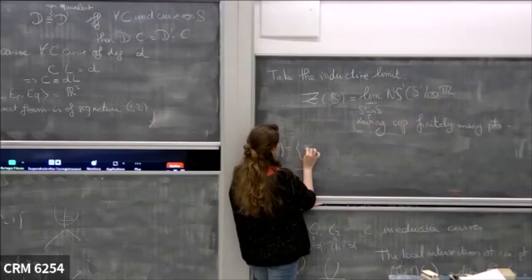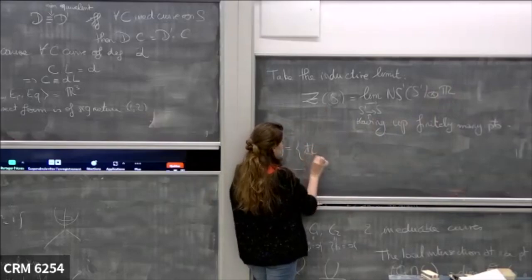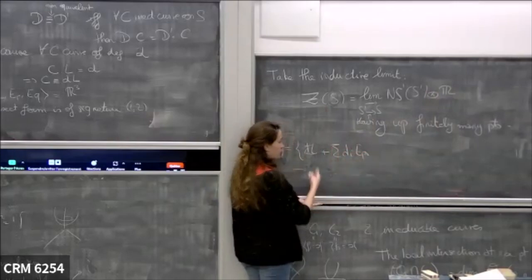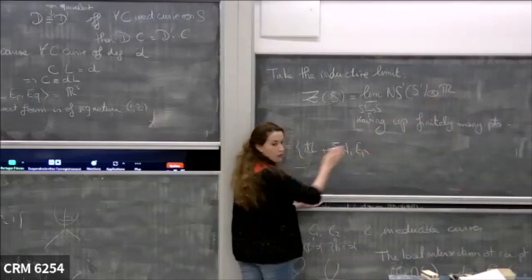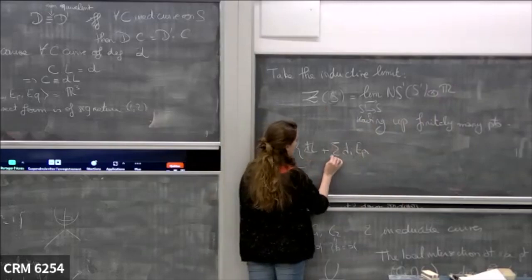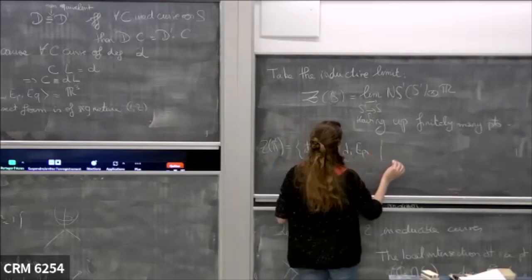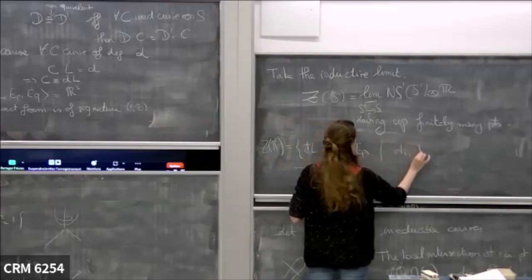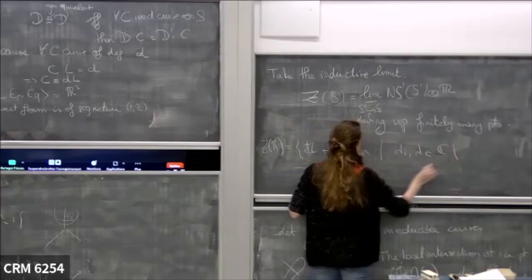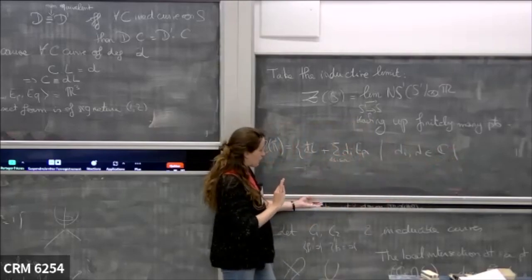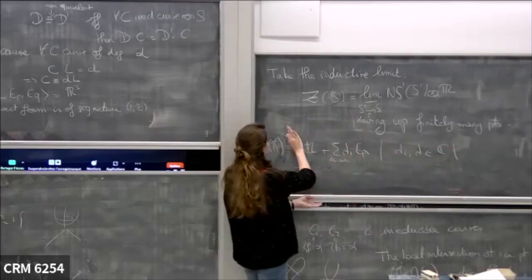It will be some coefficient in front of the class of the line, plus some coefficients in front of the points that I blow up, where this sum is finite, and lambda belongs to the field, if I am on the field. And what I do here is just in the algebraically closed field.